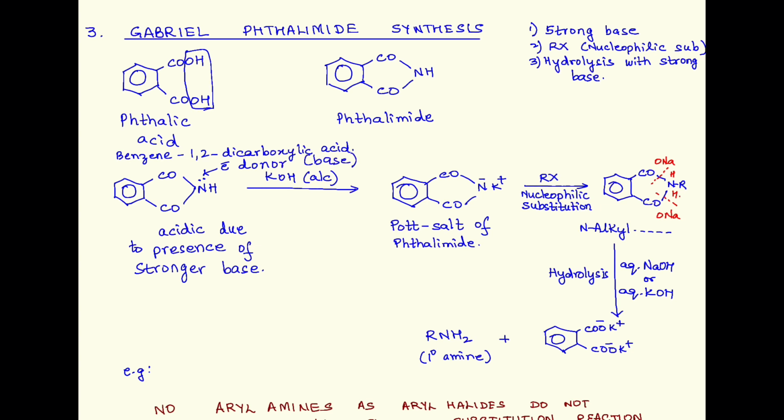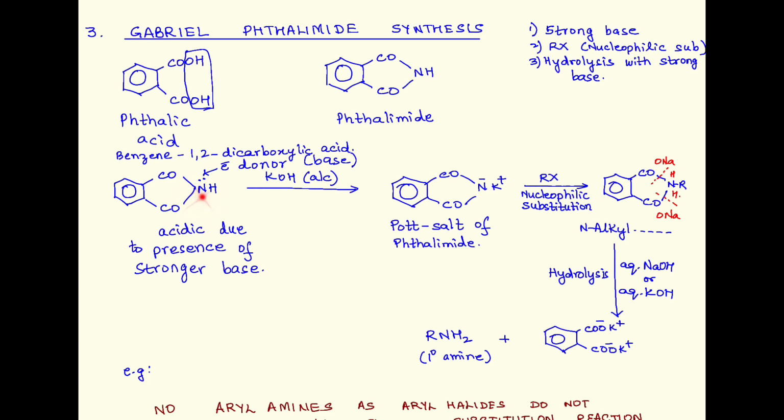But what happens if a bigger base comes into the picture and says, hello boss, I am the one who's going to lead the show, not you. So what happens then in that case? This one is a weaker base. Weaker base means it is going to behave as an acid. So, because there is a stronger base present, this is going to be an acid.